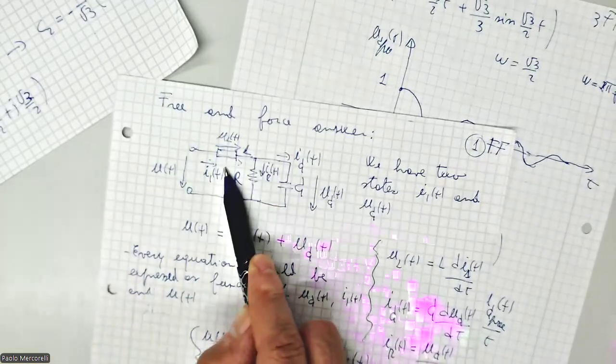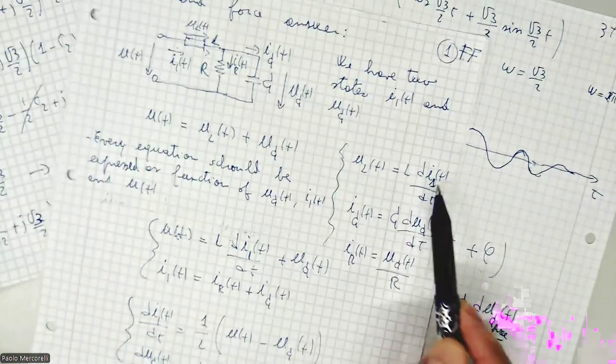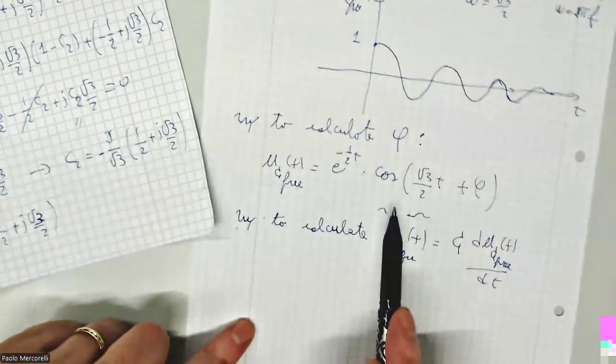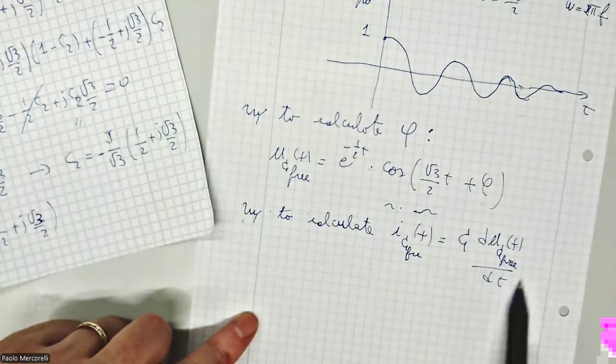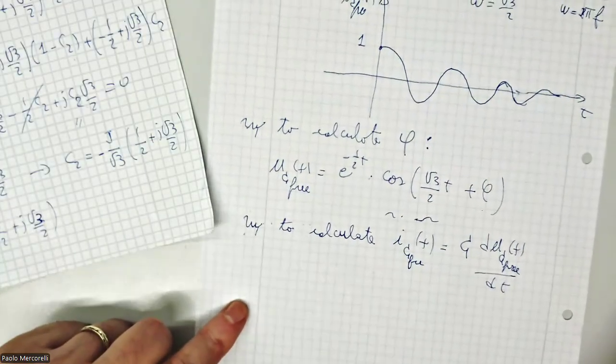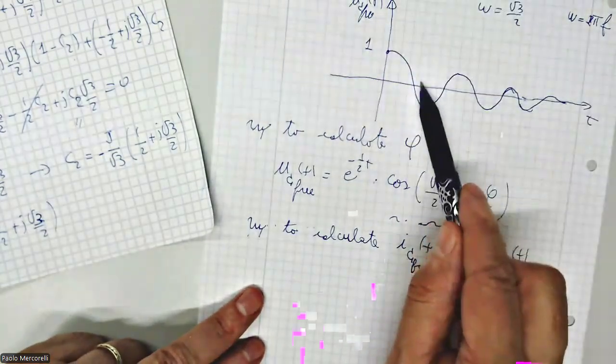Once I have I1, I can calculate UL with this: L multiplied by the derivative of I1. Of course, it's boring, but conceptually it is possible. Very important, the frequency of the signal does not change. Qualitatively, the profile does not change, the amplitude changes, but the frequency doesn't.